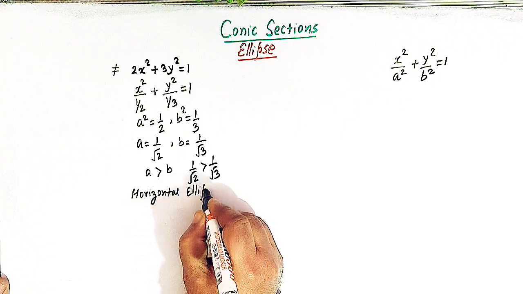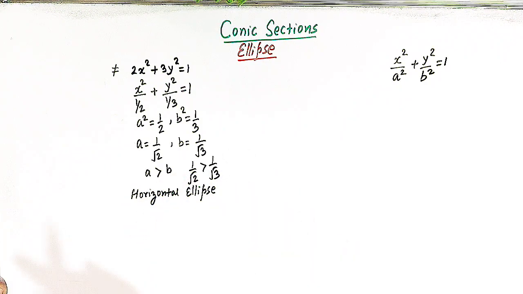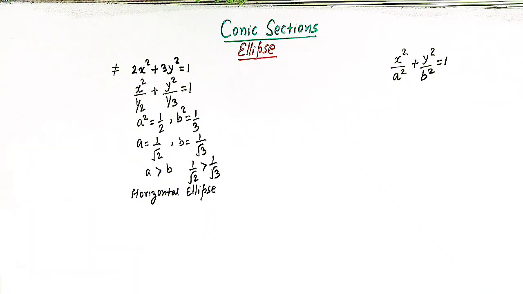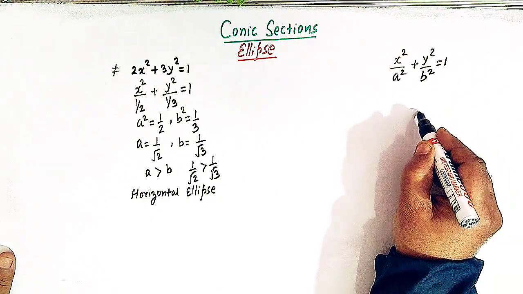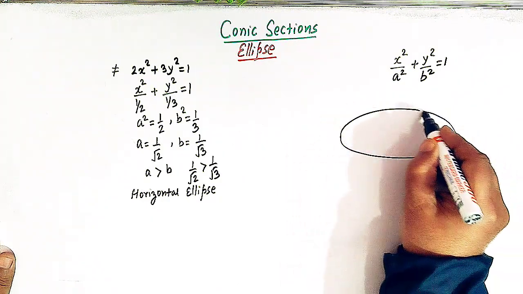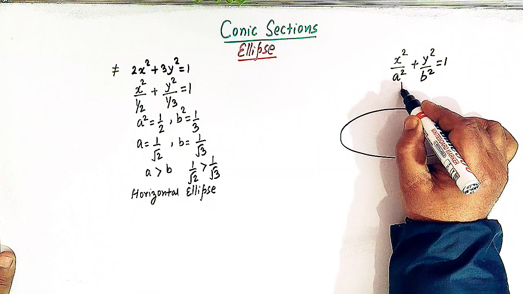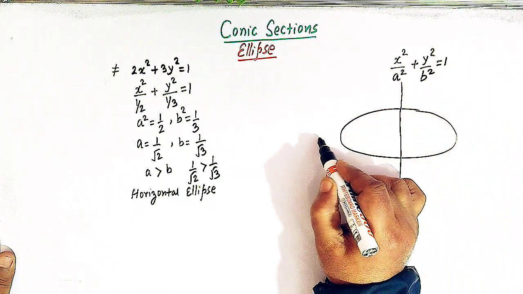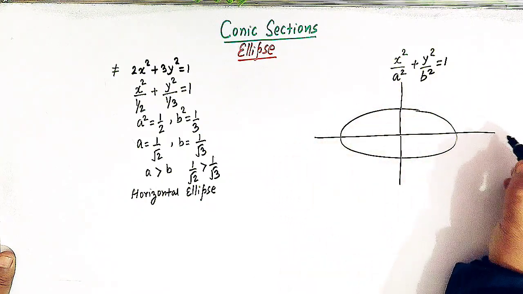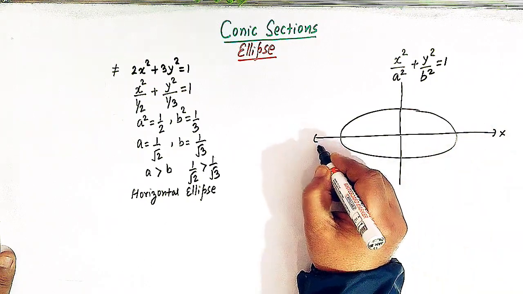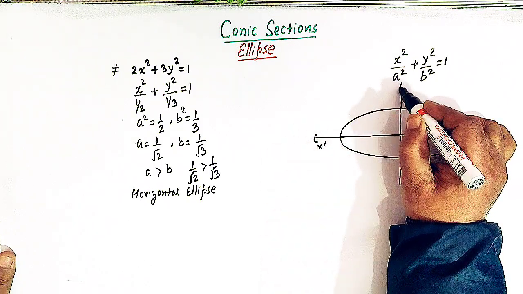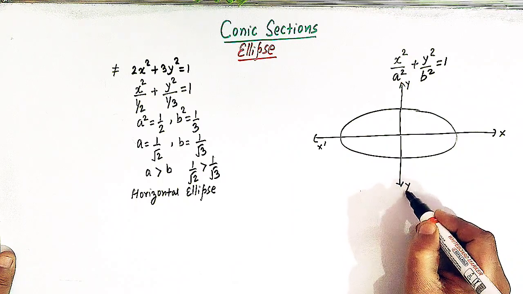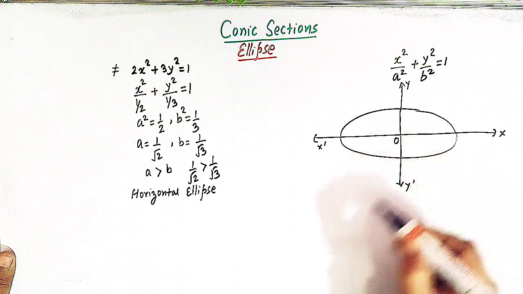So let us first draw a rough diagram of this ellipse. So now we have the ellipse like this, and we can draw the axis. These are x-axis and y-axis. This is x-axis, this is y-axis, and this is the origin. Right?